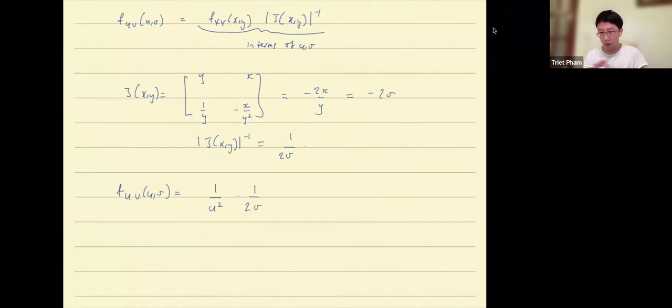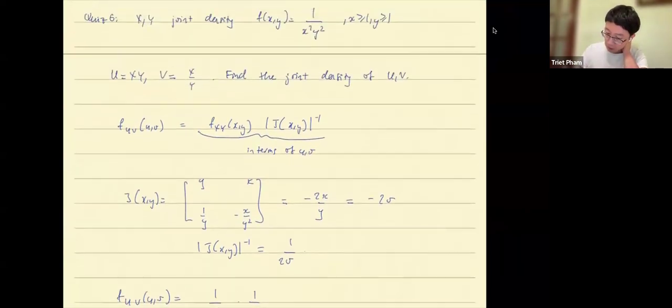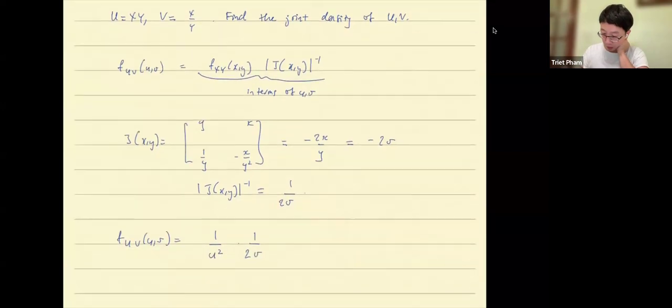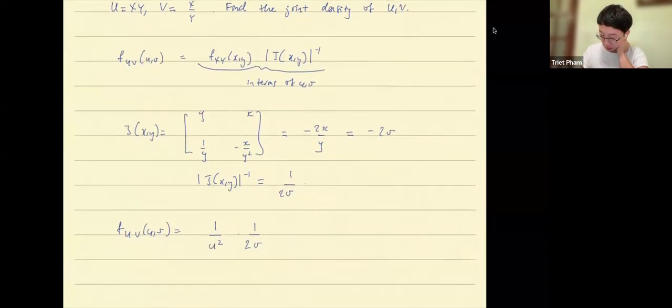Okay. What's the range of values? Don't be too hasty. Because x is bigger than 1 and y is bigger than 1, we need to look at u and v.